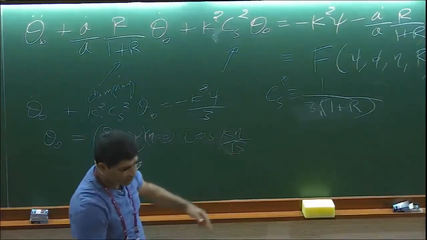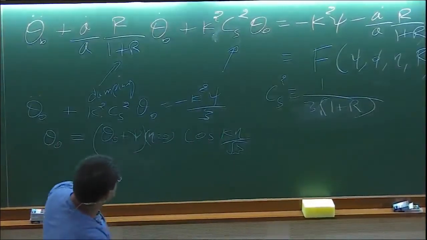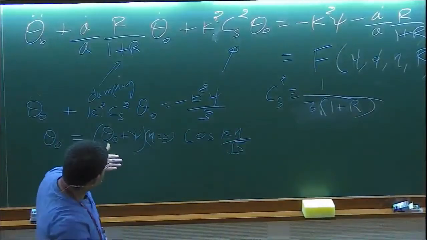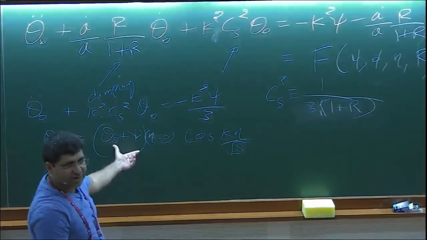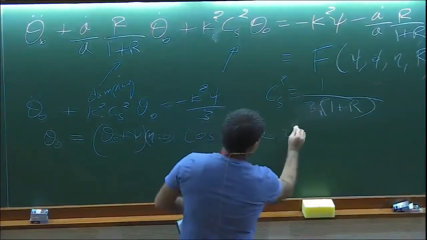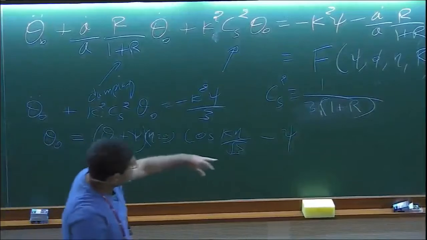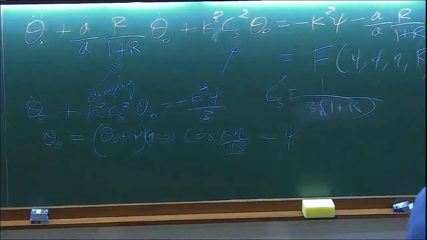We can use k eta over root 3. So this is the same solution as before, with a different amplitude. There are two differences: a different amplitude, plus a constant offset. The cosine wave is just offset by a constant. Gravity has just shifted the zero of these oscillations.